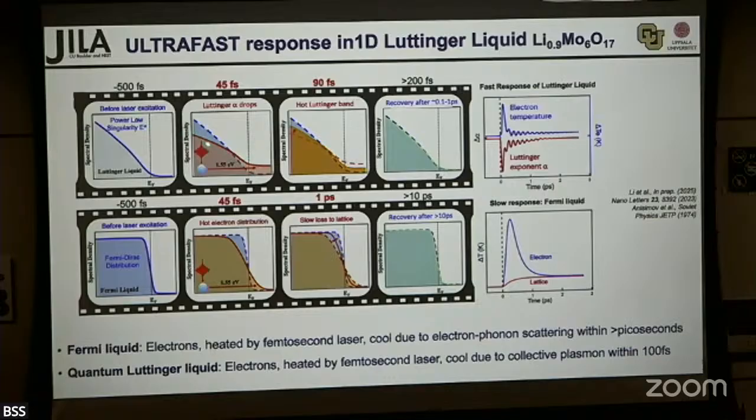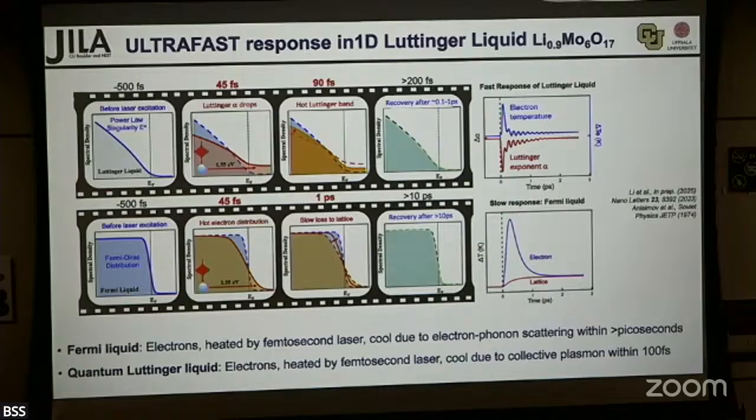You decrease alpha very quickly, then the electrons relax from excited states back into the Luttinger band, but taking electrons out of a strongly coupled electronic system will launch a collective plasmon in that whole distribution. And so you get ringing in both the Luttinger exponent and the electron temperature, and the cooling is 10 times faster than a Fermi metal.